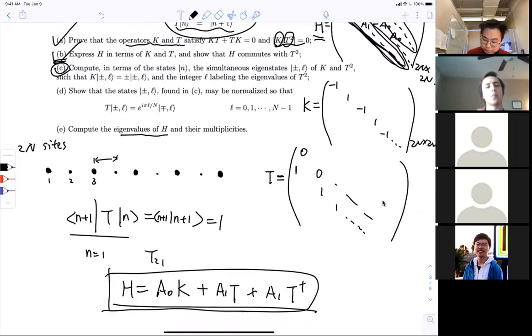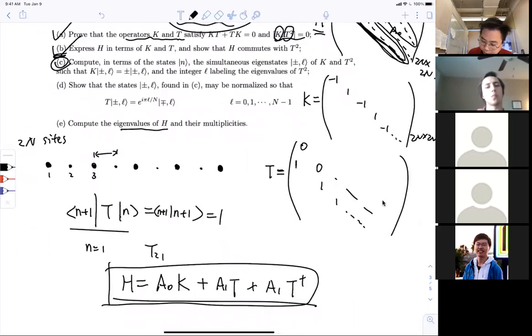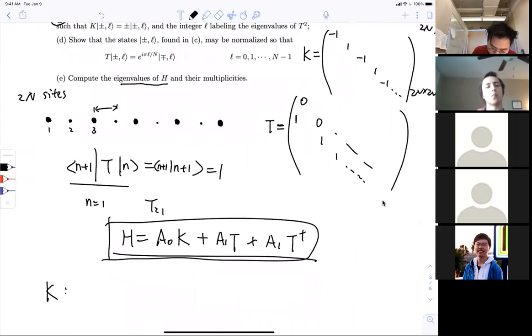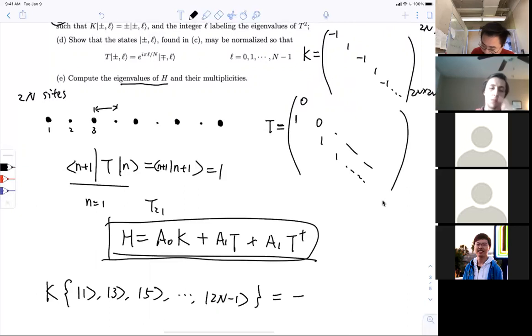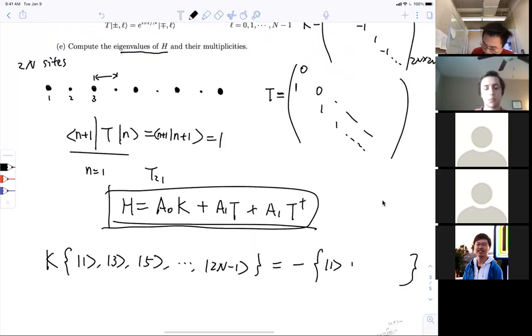So to do that, you first need to notice that k acting on any even size 1, 3, 4, up to 2n minus 1 would give us minus 1, 3, something like that, right?